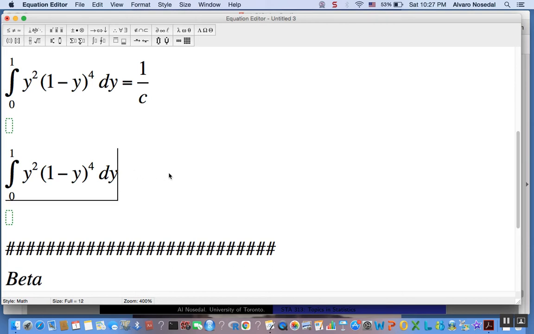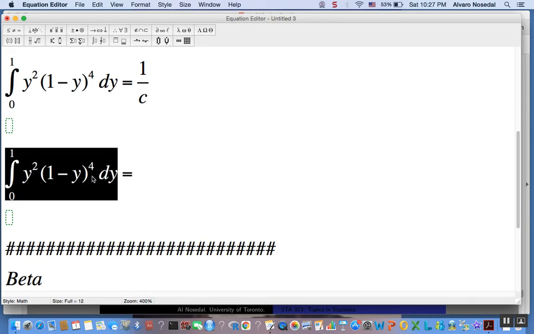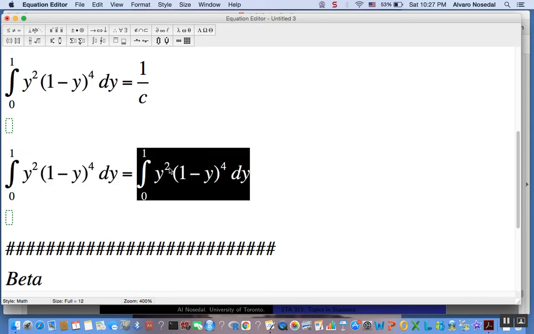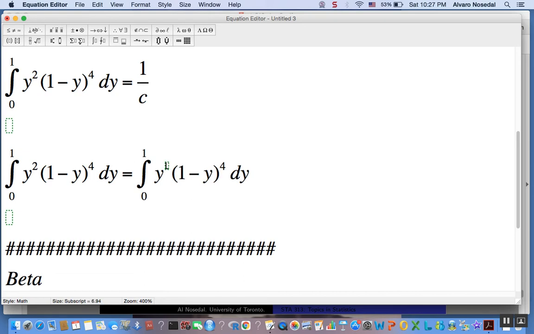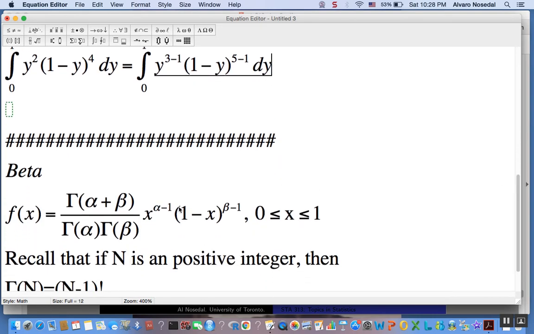We could rewrite this: y squared is the same as y to the power 3 minus 1, right? And 4 is the same as 5 minus 1, right? So now this is similar to this, right? Okay? Now, next step.